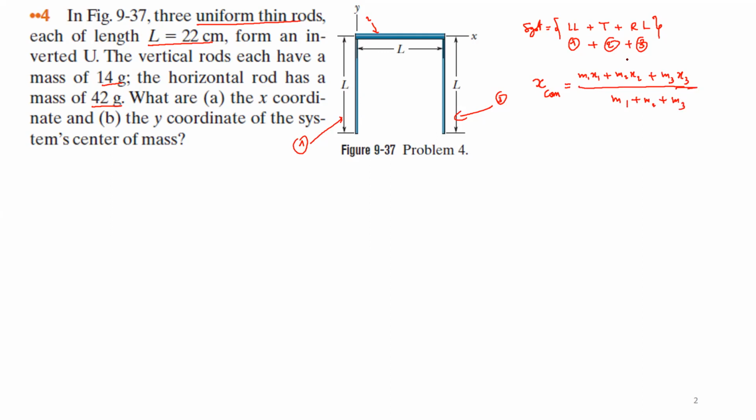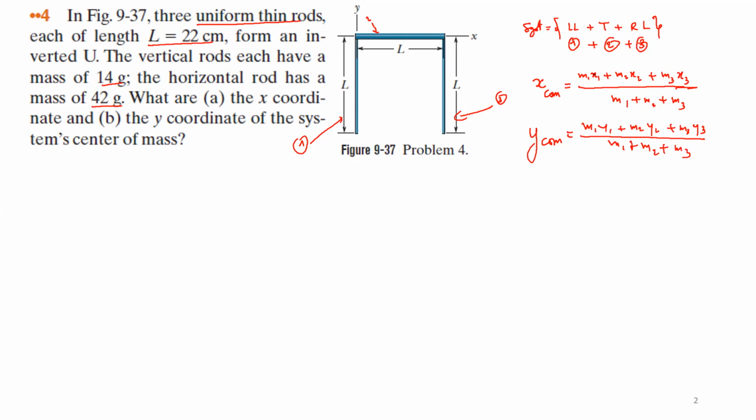Okay, the total mass is m1 plus m2 plus m3. And the y component of the center of mass, I have the same: m1y1 plus m2y2 plus m3y3 divided by total mass, m1 plus m2 plus m3.